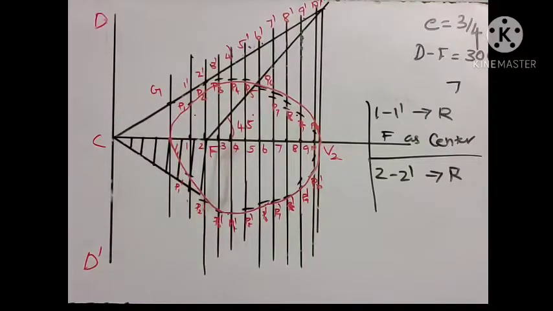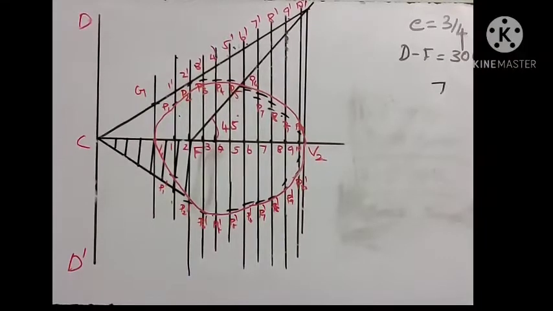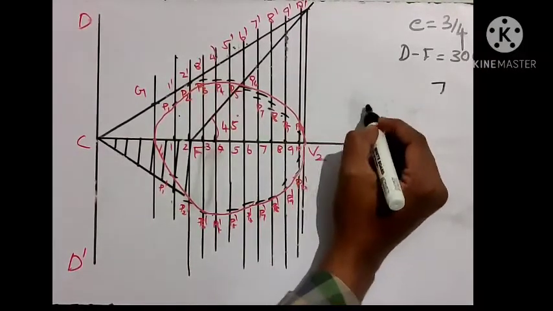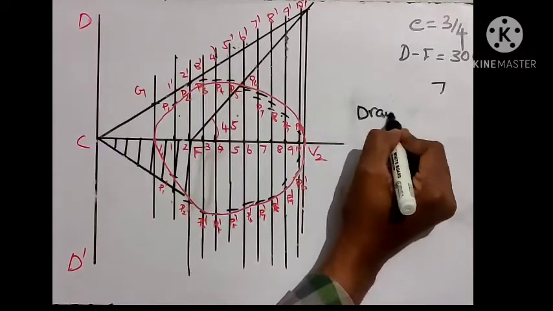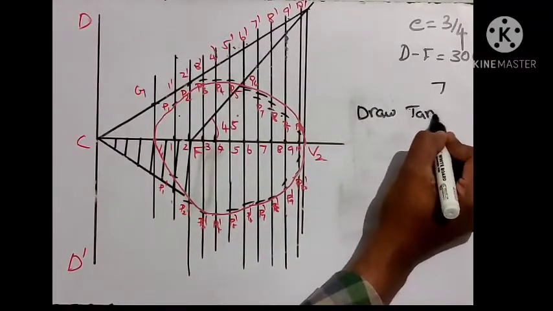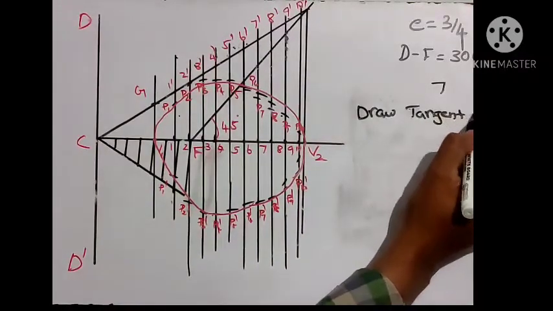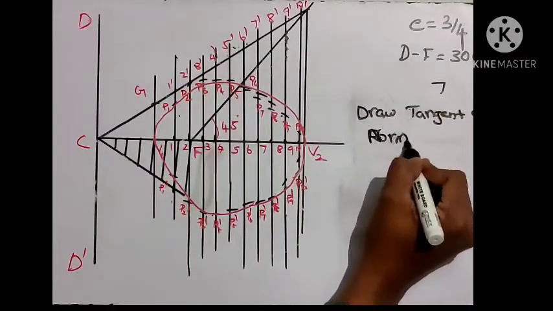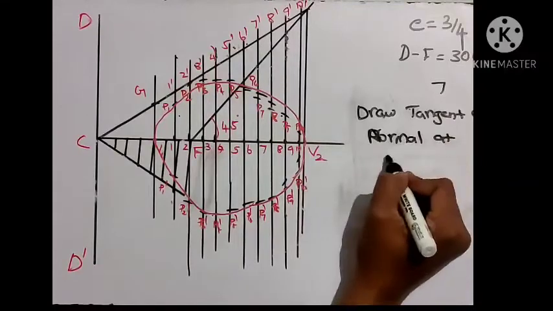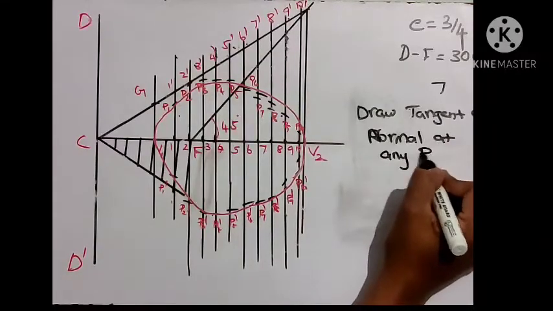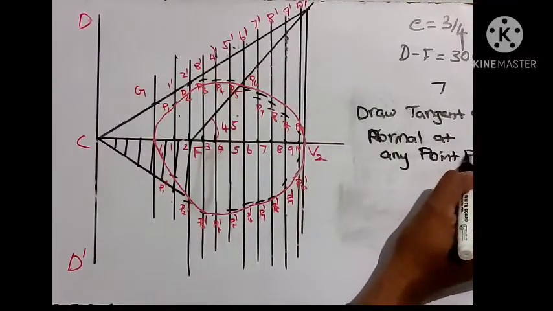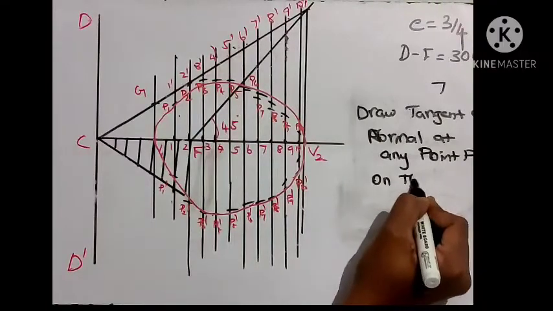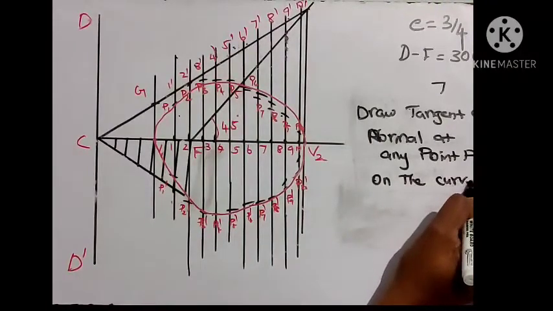Next, the second part of the question is to draw tangent and normal at any point P on the curve. So I'm writing here, draw tangent and normal at any point P on the curve.